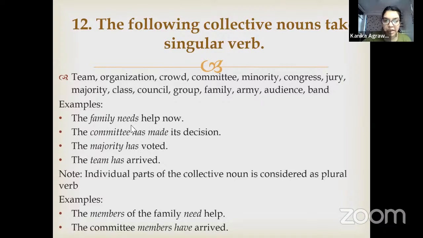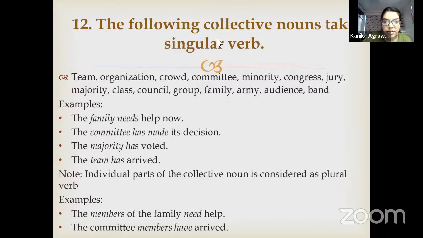The team has arrived. Okay. But if you have individual parts of the collective nouns, which means members of the family, members of the team, members of the committee, that is considered plural. Let's say the members of the family need help. The committee members have arrived. Okay.